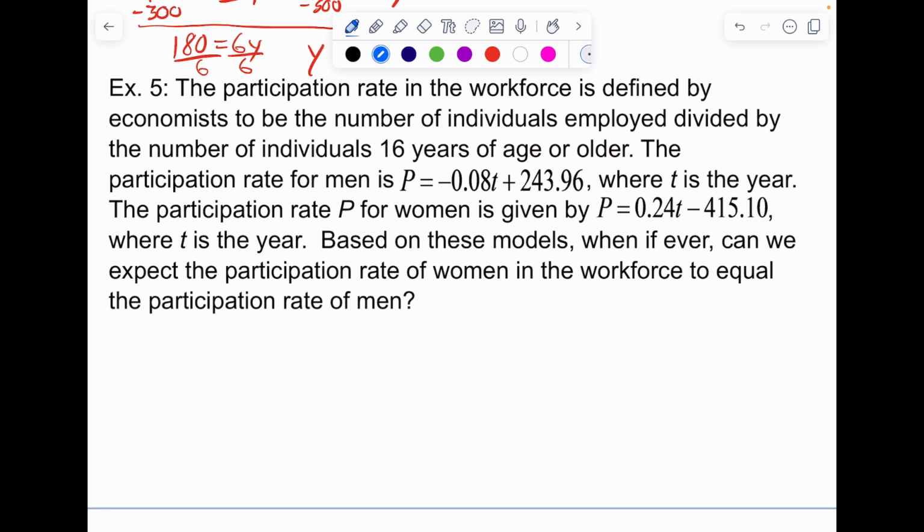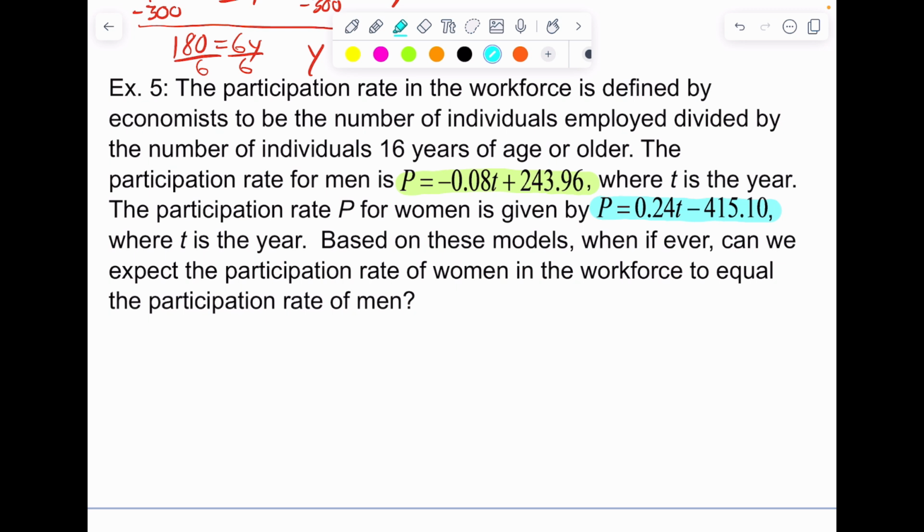The participation rate for men is P equals negative 0.08 T plus 243.96, where T is the year. The participation rate for women is given by P equals 0.24 T minus 415.10, where T is the year.